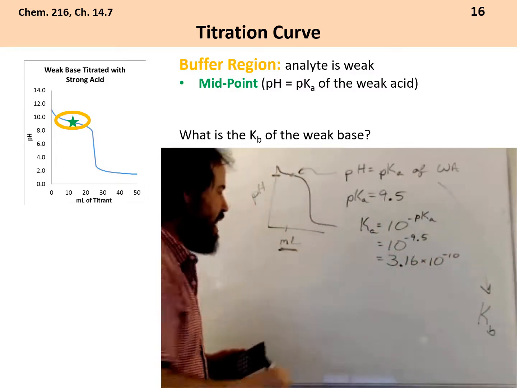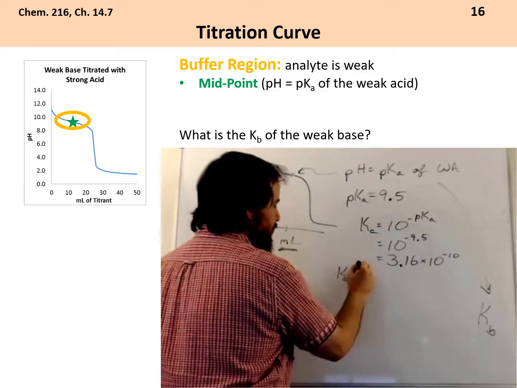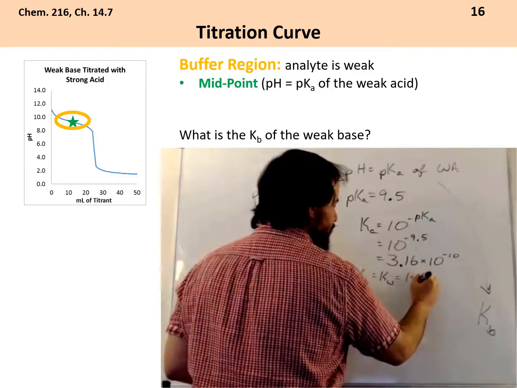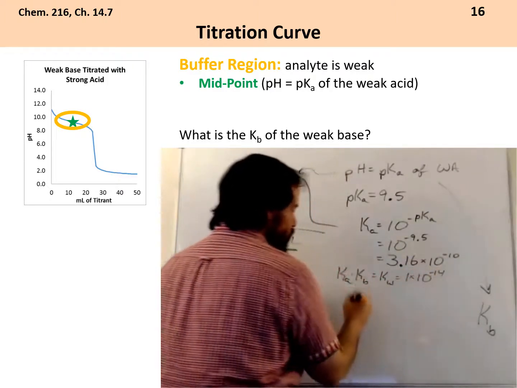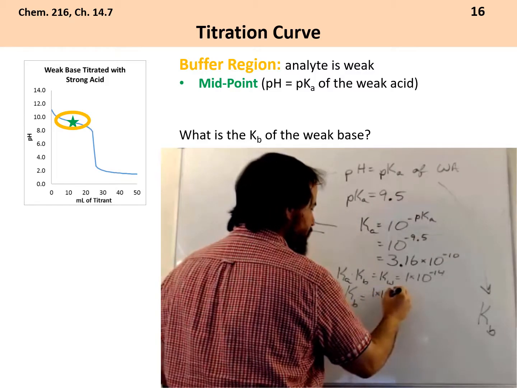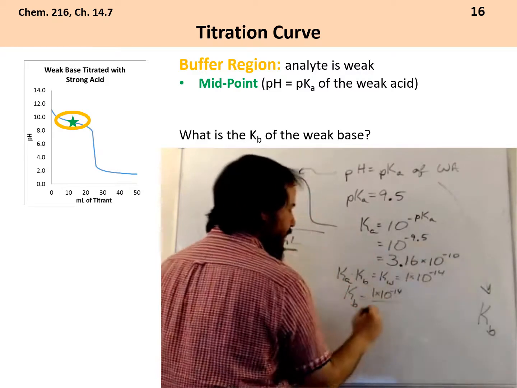That's my Ka. My Ka times my Kb equals Kw, which is 1 times 10 to the minus 14. So Kb equals 1 times 10 to the minus 14 over Ka.